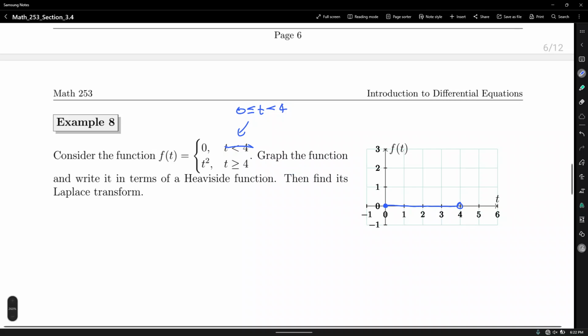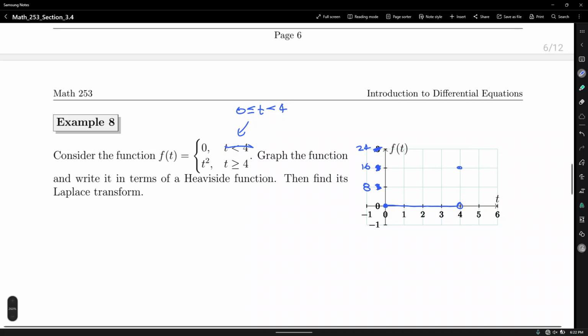Isn't that 16? Okay, well, let's make the necessary adjustments. Let's make each mark right here 8, 16, and 24. All right. So at t equals 4, that's 4 squared, which equals 16, isn't it?